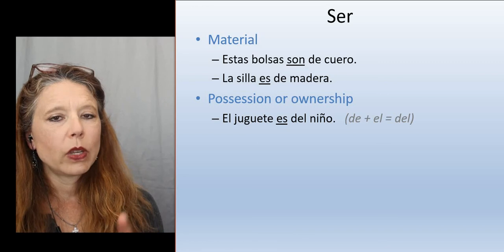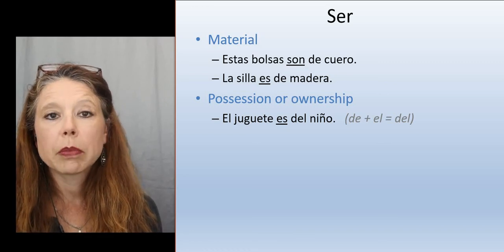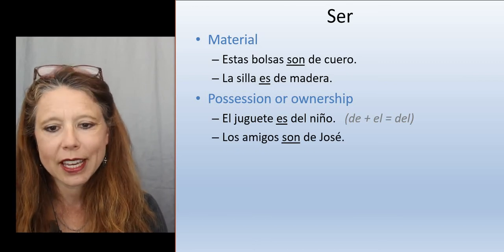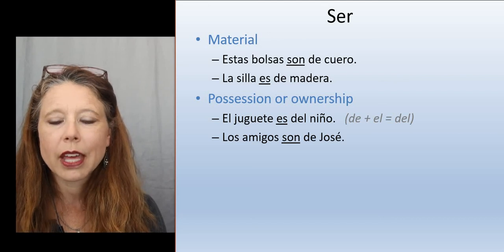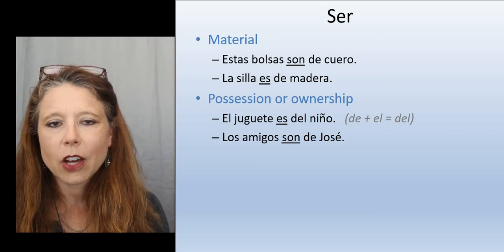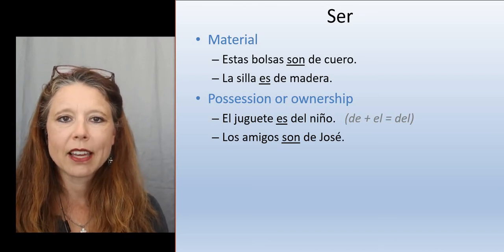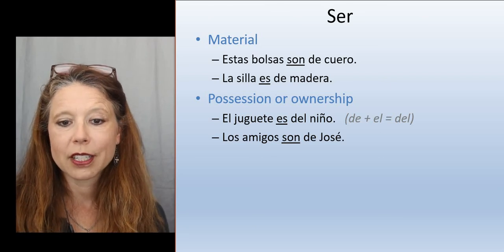And we use ser in this case because we're showing possession. Los amigos son de José. The friends are of José. We use ser because of possession. José's friends.